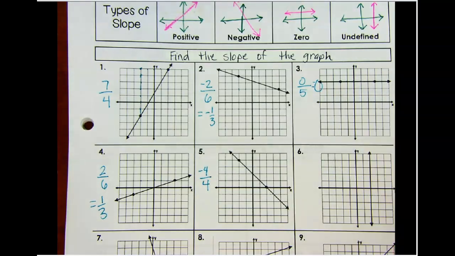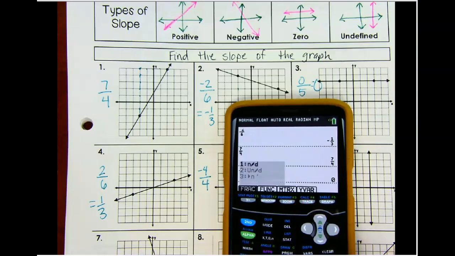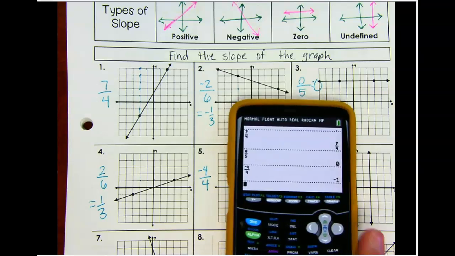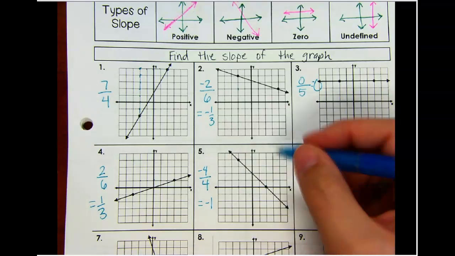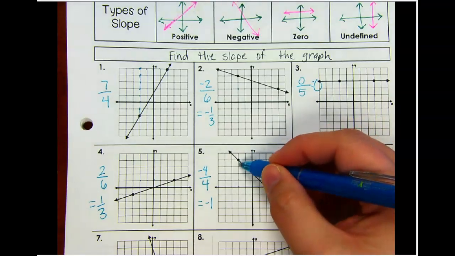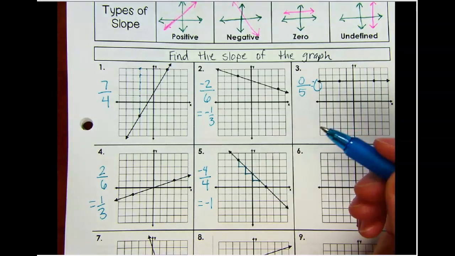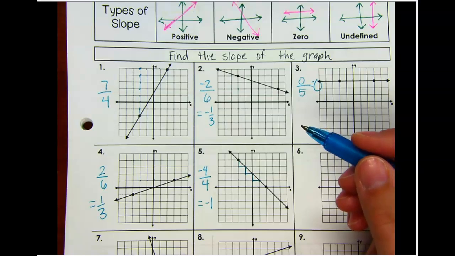And if you put that in your calculator, which some of you already know what this is, you're going to get -1 because -4 divided by 4 is -1. Now, if you look at this closely, you can see that you are going down 1 over 1, down 1 over 1, down 1 over 1 every time. So that slope is consistent throughout that entire line, going down 1 and over 1.